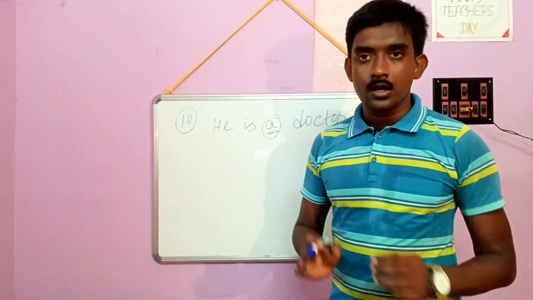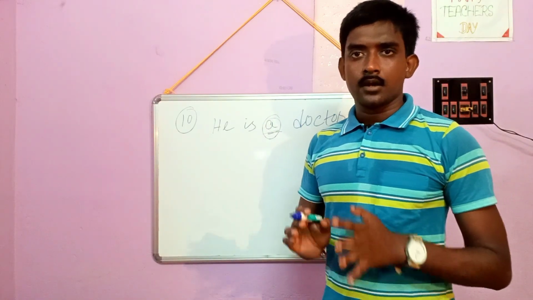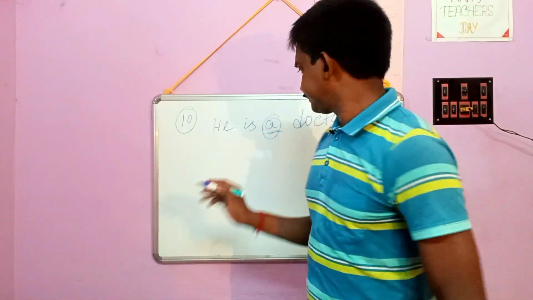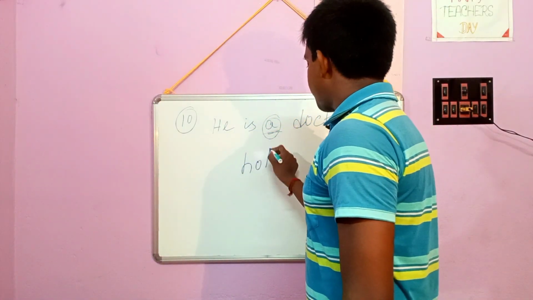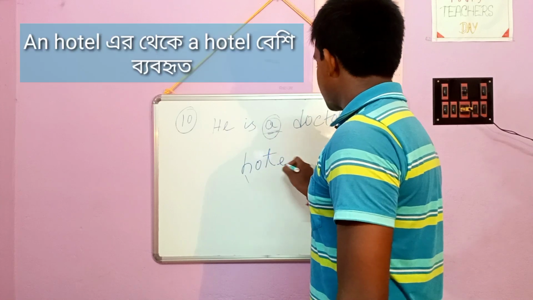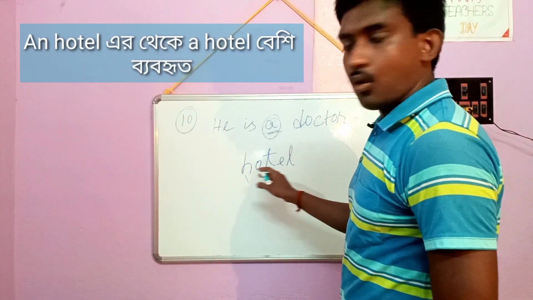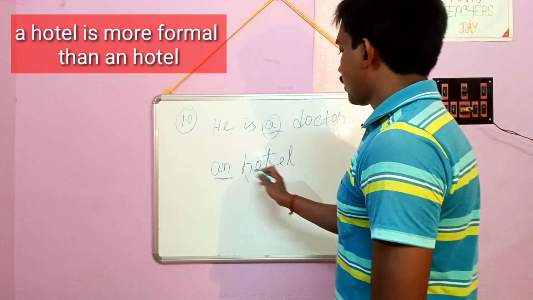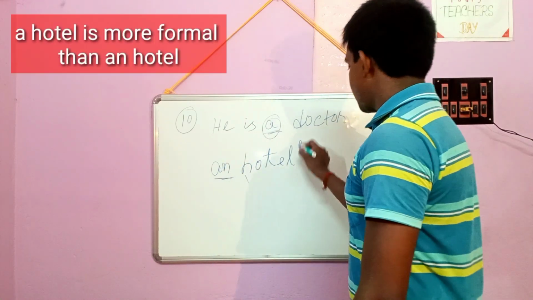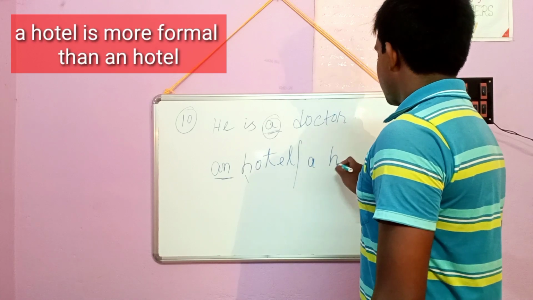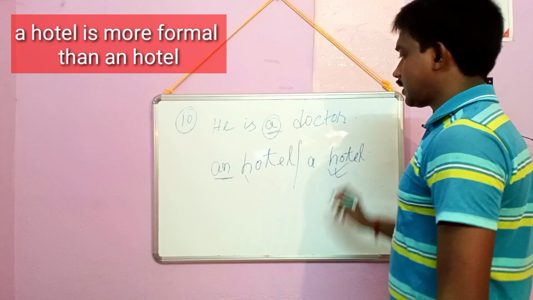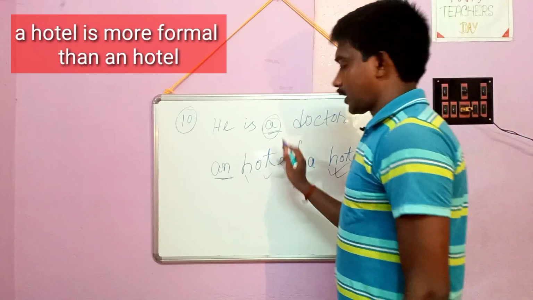Some native speakers also use an before words beginning with H when the first letter is not stressed, like hotel. Some native speakers say an hotel, but a hotel is more formal today.